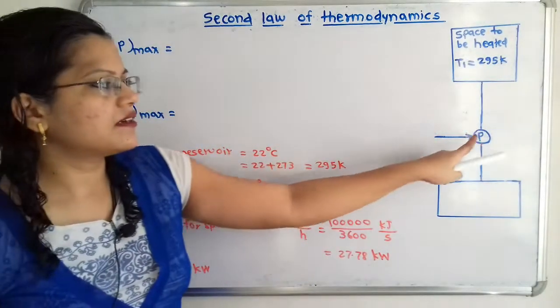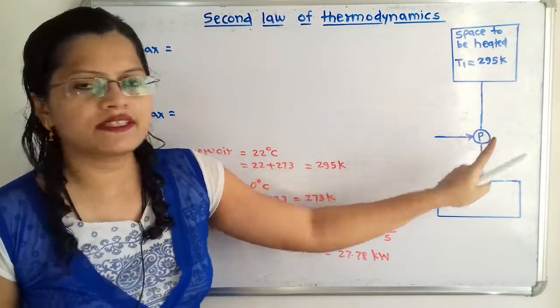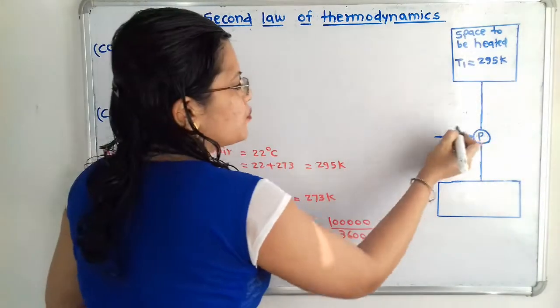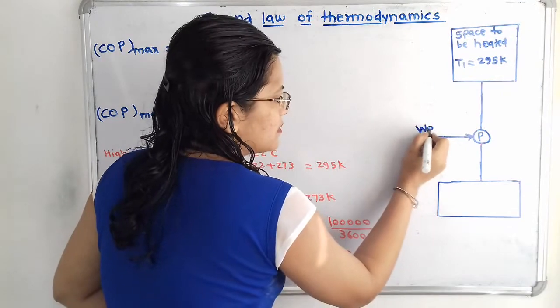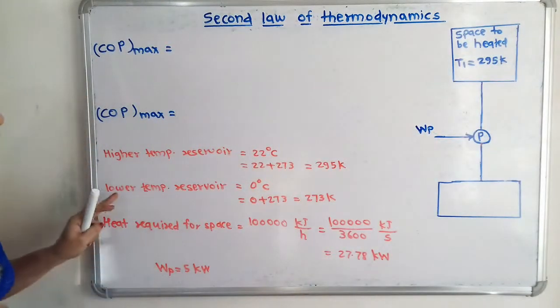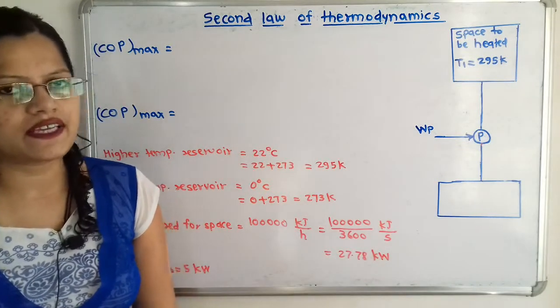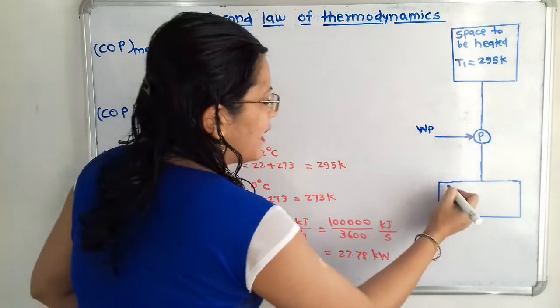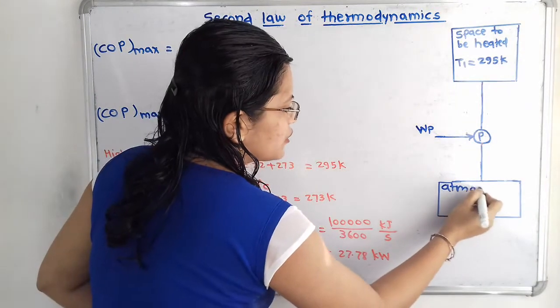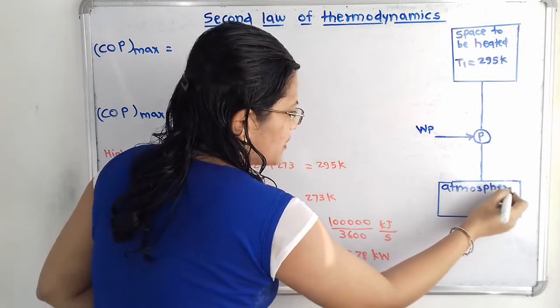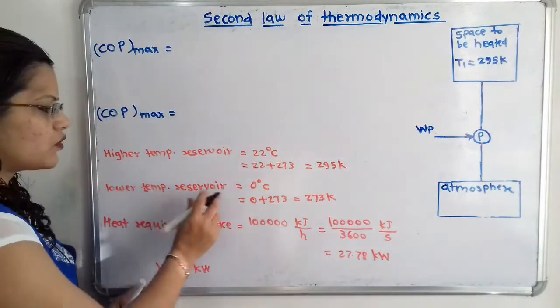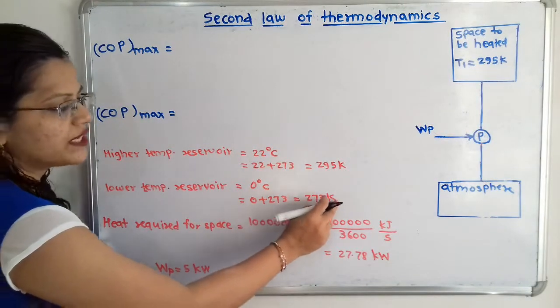Then here is the heat pump, which we write as HP, and the work input given to the heat pump is WP. Then the lower temperature reservoir is the atmosphere, which is at 0 degrees Celsius. Converting to Kelvin, the lower temperature reservoir is at 273 Kelvin.